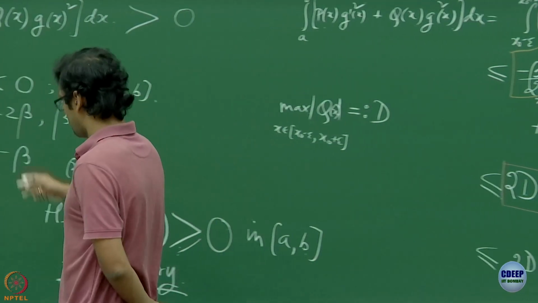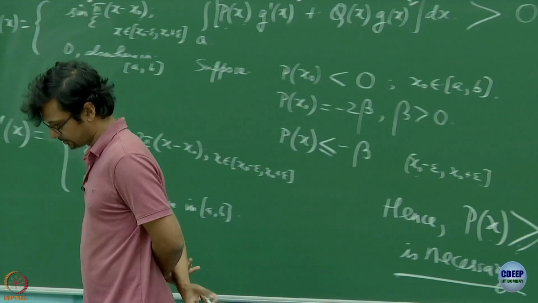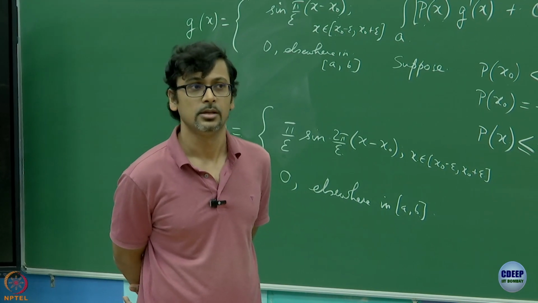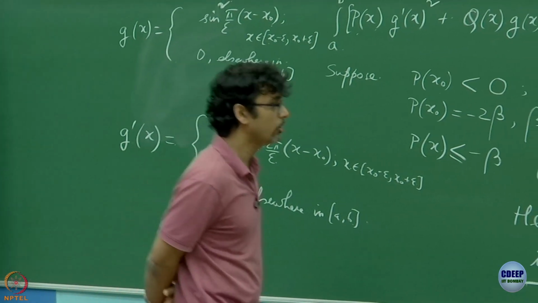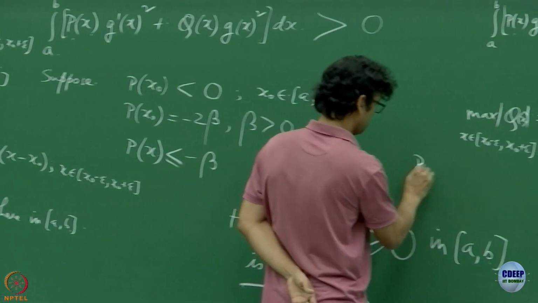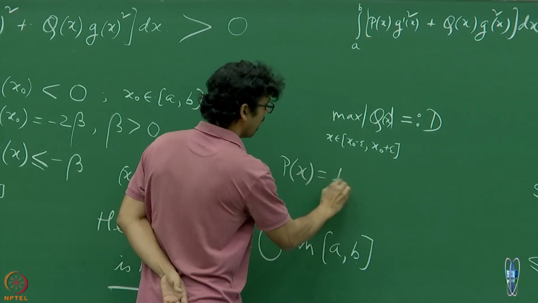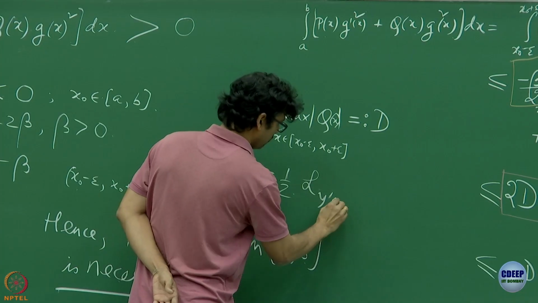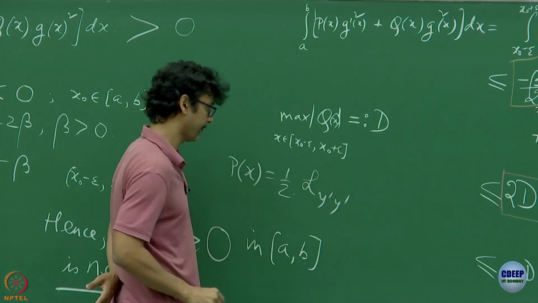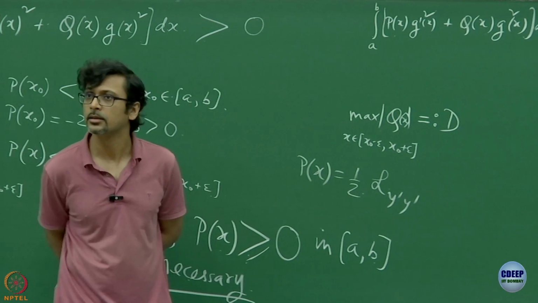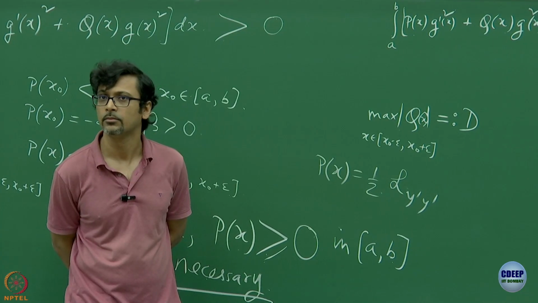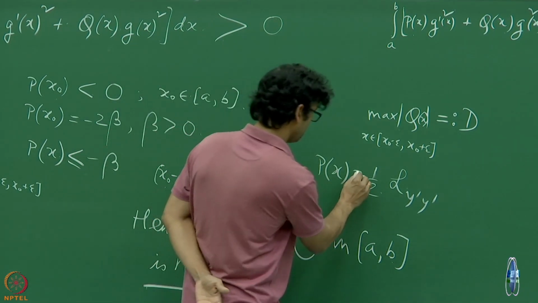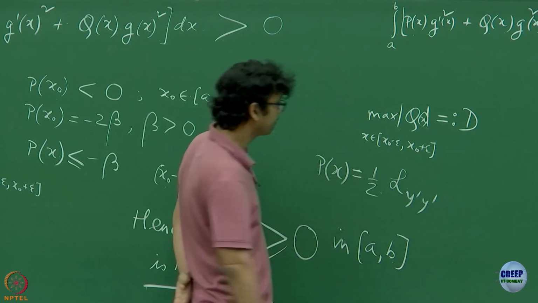Also, if you recall now the other statement we had made about this, now this P, recall what the P was? Px was actually half L y prime y prime. Yes? So what happens?